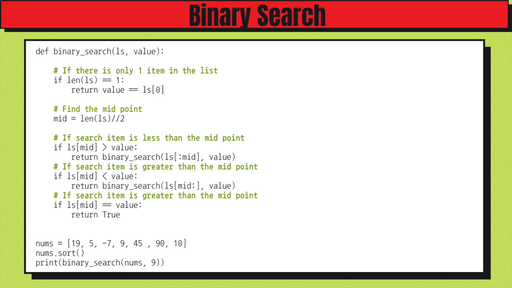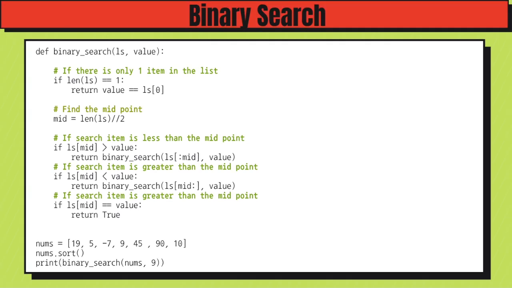Now, if the search item is greater than the midpoint, then we want to search the second half of the list. So we say return, and then we search from the midpoint until the end of the list. And again, we are calling this function, except that this time we are passing the second half of the list.